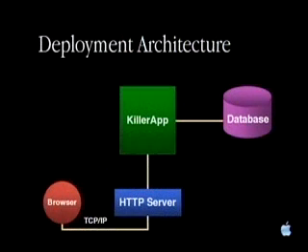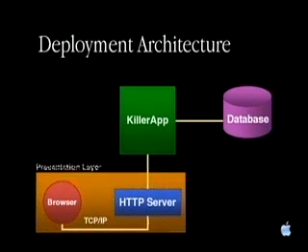So this is the typical deployment architecture for WebObjects. We start with a browser, which could be a web browser or a Java client or something along those lines. And it makes a TCP request to an HTTP server, a web server. That's known as the presentation layer. The web server then forwards the request to your application. Your application is the heart of WebObjects.